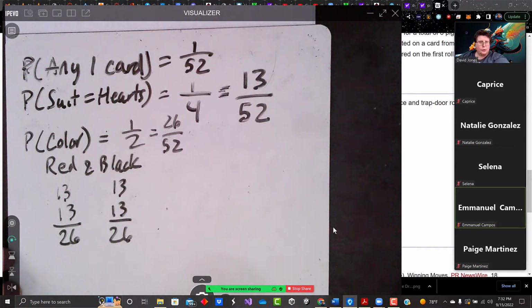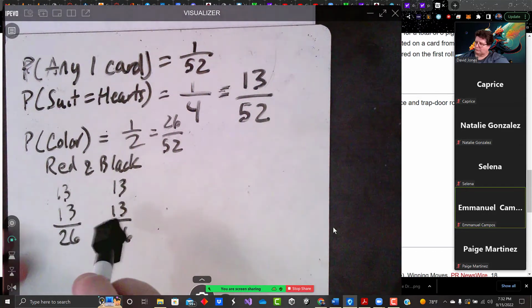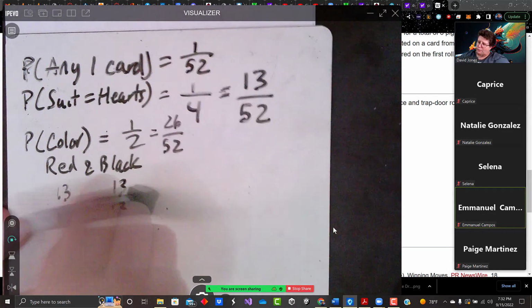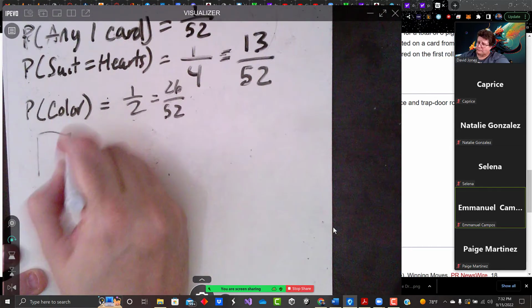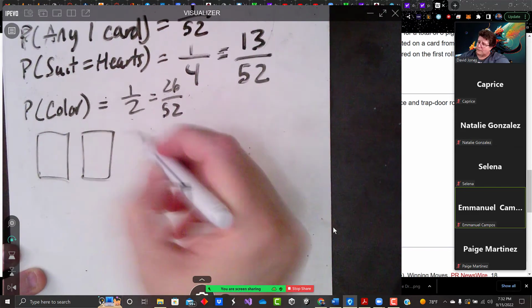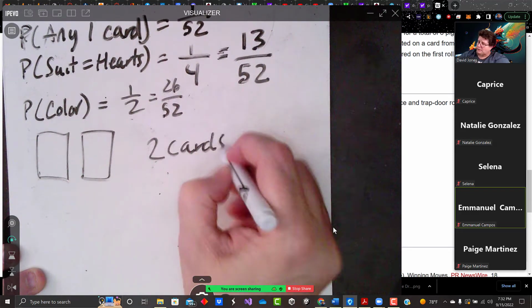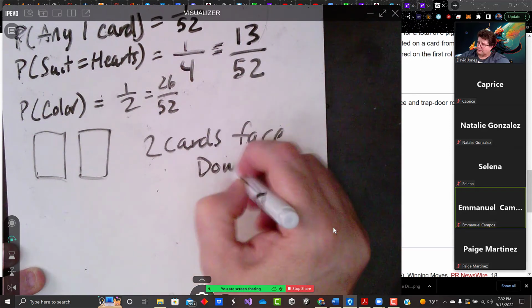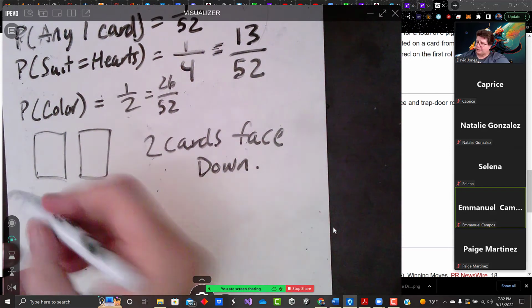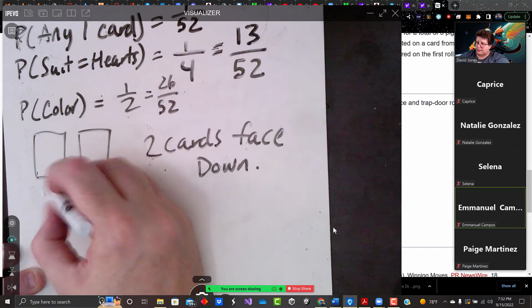If you like poker, and you may not now, but you might one day, in Texas Hold'em, you get 2 cards face down. These are called your pocket cards.